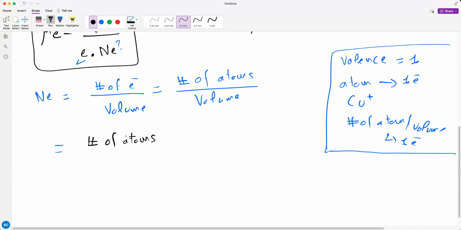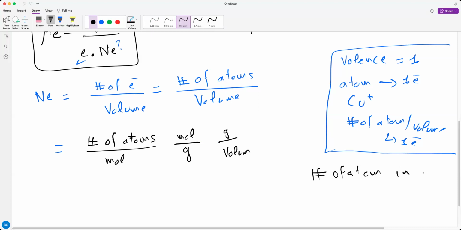Okay, so what do you want to do? You want to calculate the following. You want to do the number of atoms per mole, and in 1 mole, how many grams, and in grams, how many volume. So in other words, the number of atoms in a volume.